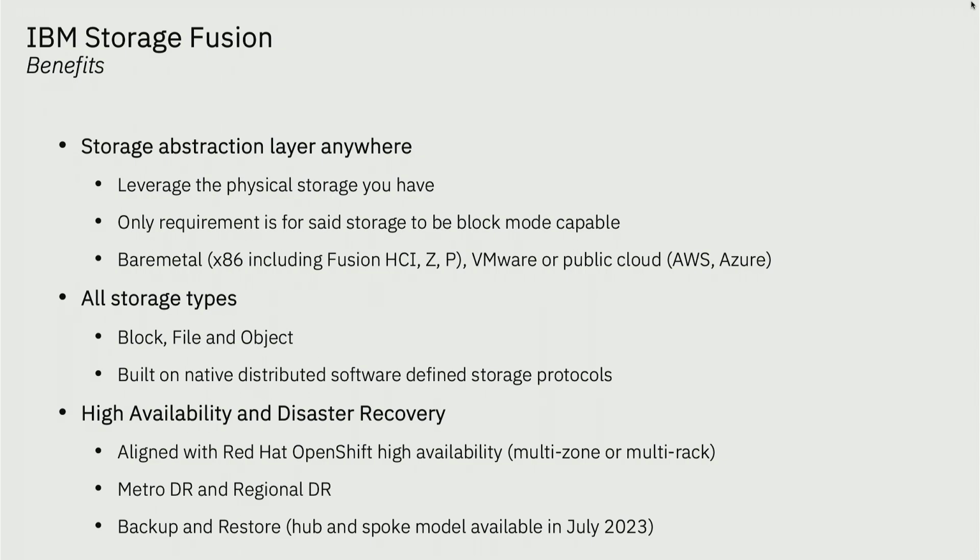So the features, that's kind of in extenso what we do: the storage abstraction, and the different storage types that we support: block, file, and object. We do support all native distributed protocols. Yes, we can do NFS, but as most of you know, NFS is not the most advanced protocol for accessing data.